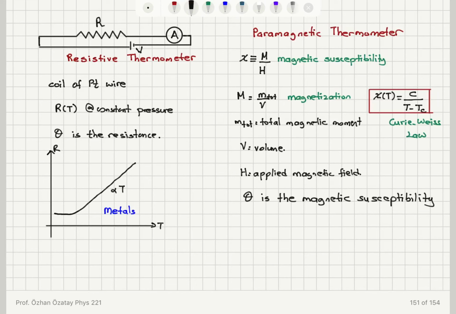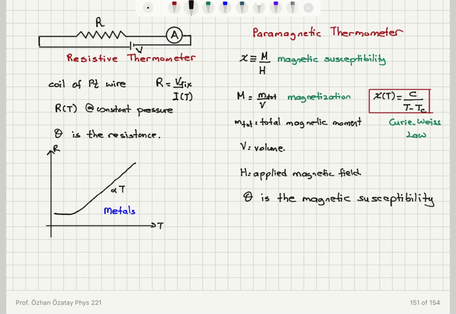We apply a constant voltage and detect variations in current, so we can determine the resistance from V over I. Basically the voltage is fixed, so under fixed voltage the current will change as a function of temperature, which will give us the resistance change as a function of temperature. So the thermometric parameter is the resistance.